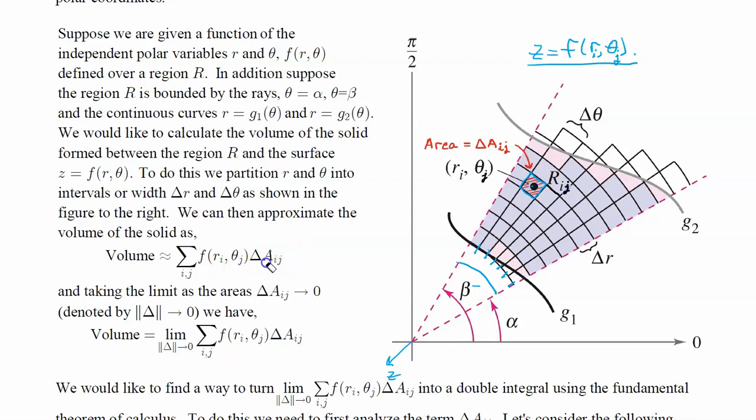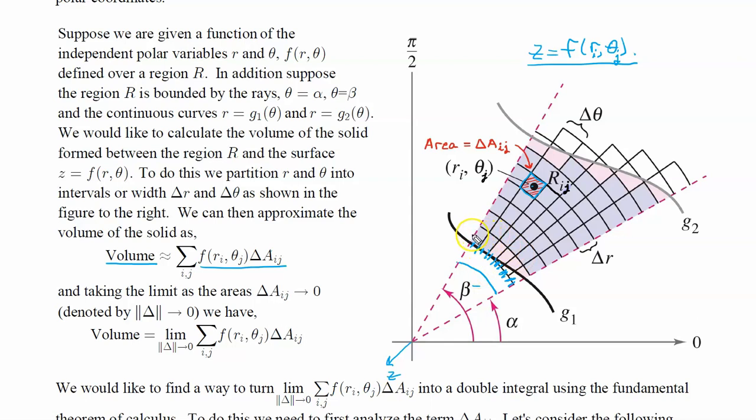And then what we do to approximate the entire volume, we simply add all of these up as i indexes across its values and j indexes over its values. So you see in this picture right here, the j's, which go with the thetas, would index. You'd have like a theta 1 here, theta 2, theta 3, 4, 5, and a theta 6.